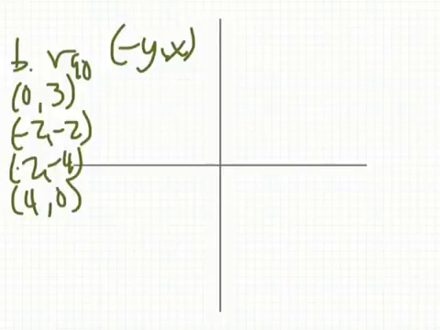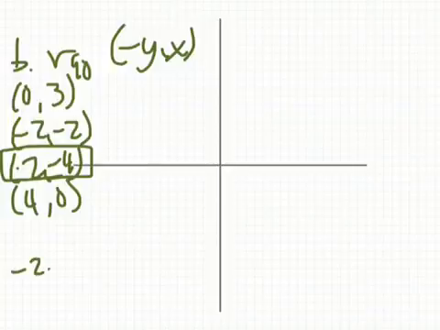I'm interchanging and then switching the sign of the first one. Like negative 4, negative 2 for this one: switched them, it became negative 2, negative 4, but then I change the sign of the first one. And you can graph those 4 points.